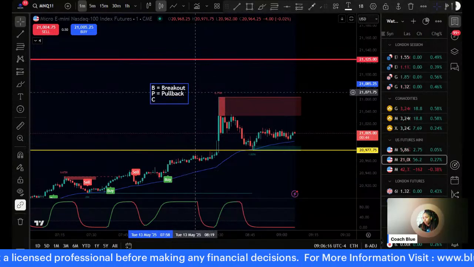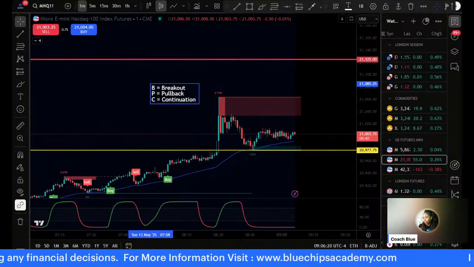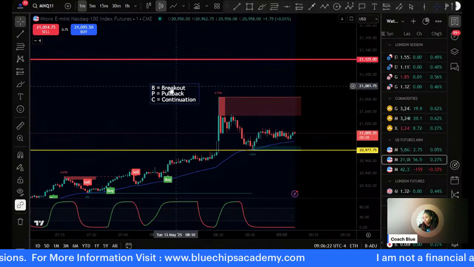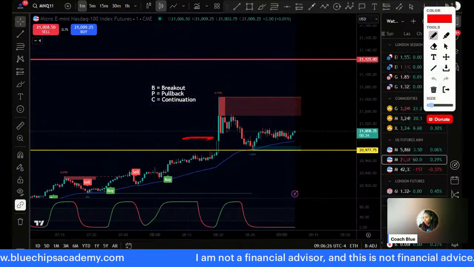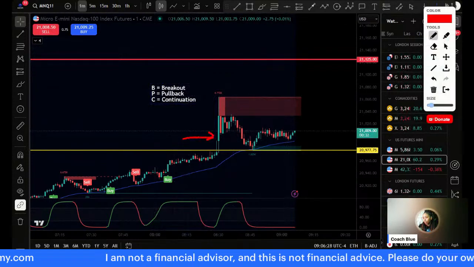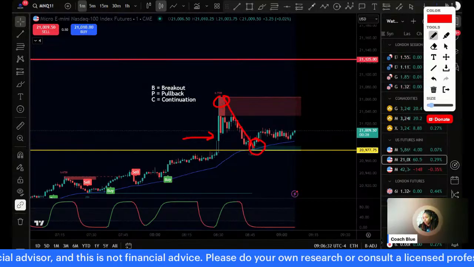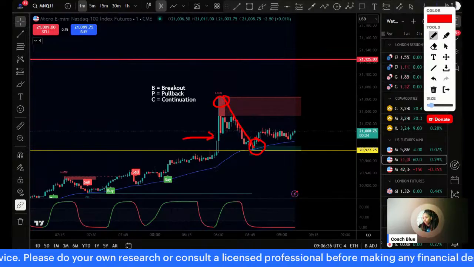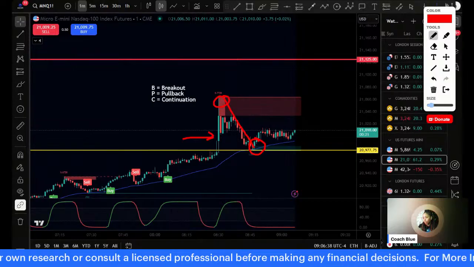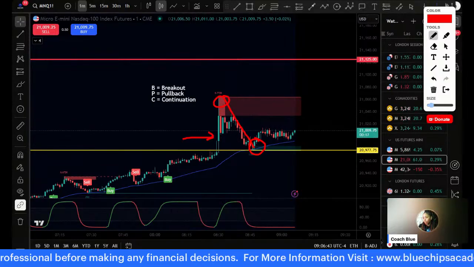And then the last one for C is continuation. BPC. So here's our breakout, this candle right here. Price pulled back down here. Now, what does continuation look like? Continuation needs to break past my breakout candle.